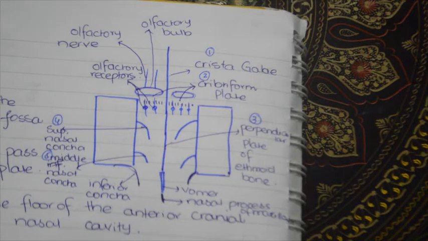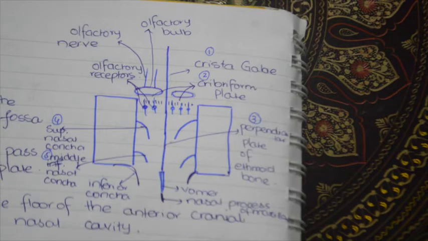When the ethmoid bone, that is the cribriform plate, is damaged or fractured, a fracture of the base of the skull takes place. So the CSF will start coming out of the nose. CSF is the cerebrospinal fluid in which our brain and all its parts are floating, and it is in the central canal of our spinal cord as well.